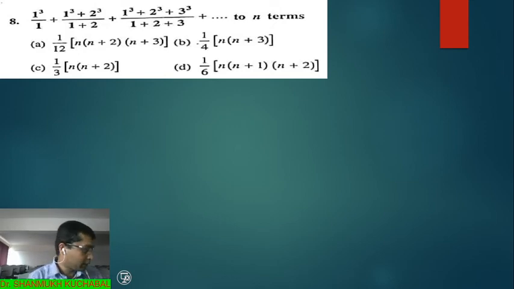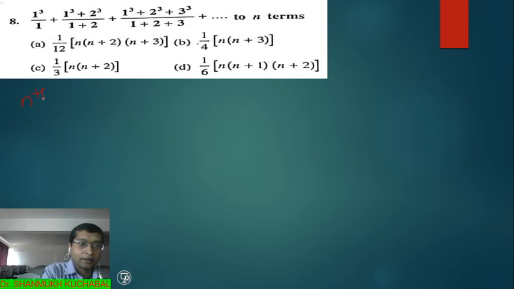1 cube divided by 1, 1 cube plus 2 cube divided by 1 plus 2, 1 cube plus 2 cube plus 3 cube divided by 1 plus 2 plus 3, and so on. See, it is a sum of n terms. Okay, we have to calculate. For this, we first write the nth term.